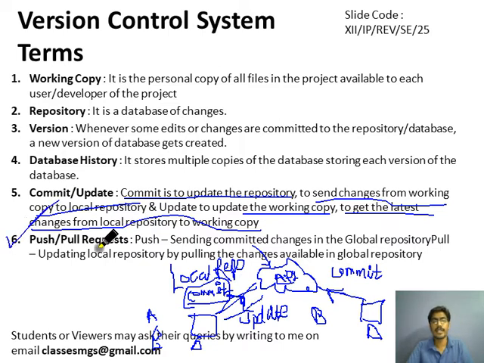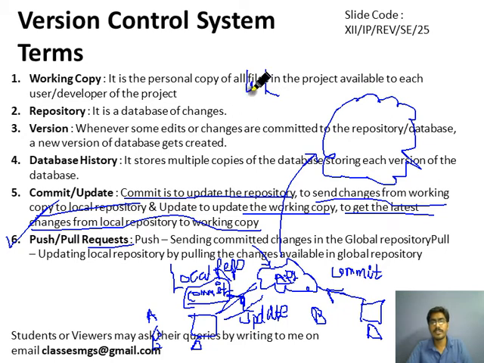Now similarly, push and pull request. Push and pull are basically used when we have the distributed version control system, in which we have the master copy or the global repository. Let's suppose on the internet we have the global repository, and on local computers we have the local repository.